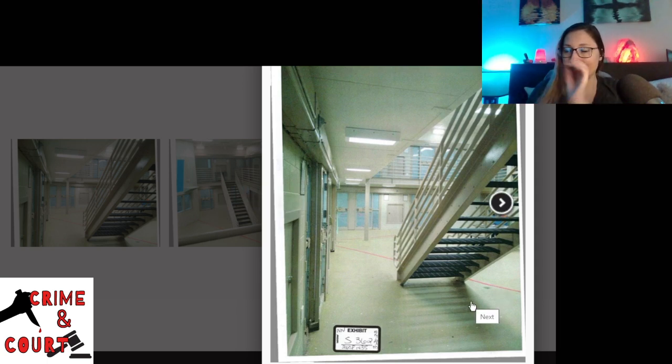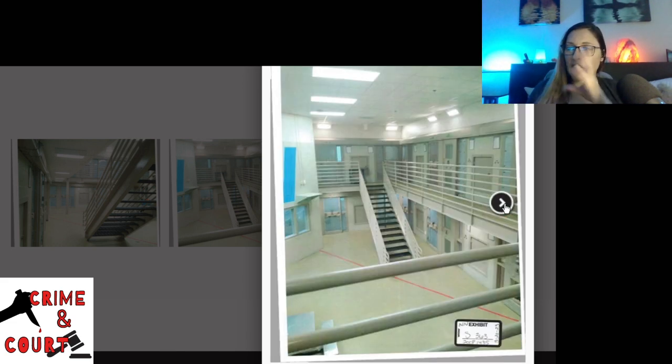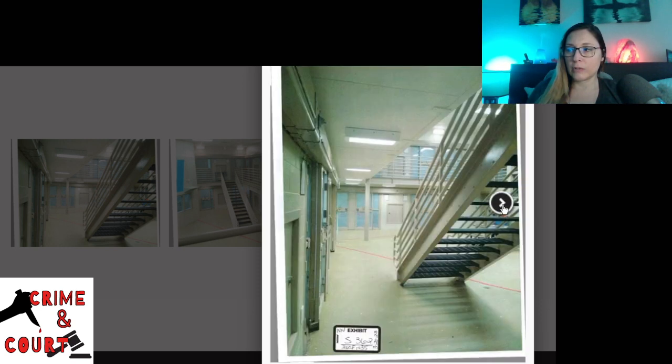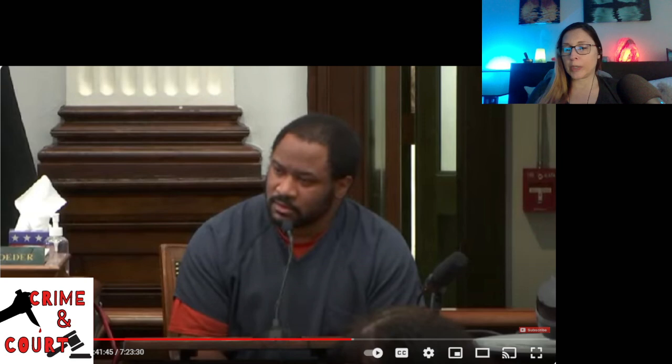If you're standing in the cell and looking out, from what's on the screen, that was his cell. When they put people in solitude, they're in their own cell, individually alone, no one else with them. This is what that area looks like. This is the cell block, and that's Marquand Washington's vantage point.